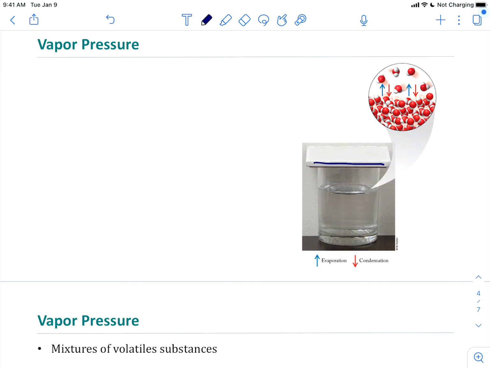That's why we call it equilibrium vapor pressure, because that just means the forward and reverse rates are the same. The rate of evaporation and the rate of condensation are the same. Both are happening. Equilibrium is a dynamic system. We'll talk about equilibrium a lot this semester. The pressure in here, when the system's in equilibrium, is your vapor pressure.